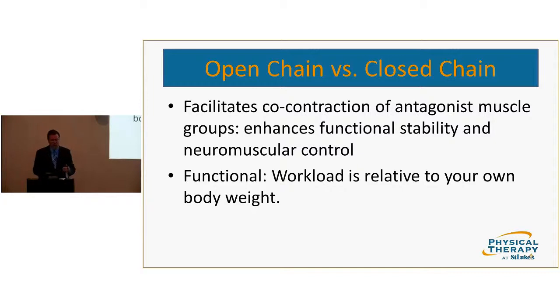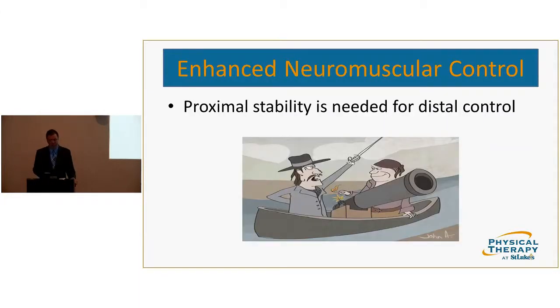Closed chain exercise facilitates the co-contraction of antagonist muscle groups, which also enhances functional stability, neuromuscular control. Everything we do on here requires the patient to control their own body weight, which makes this a very functional mode of exercise.